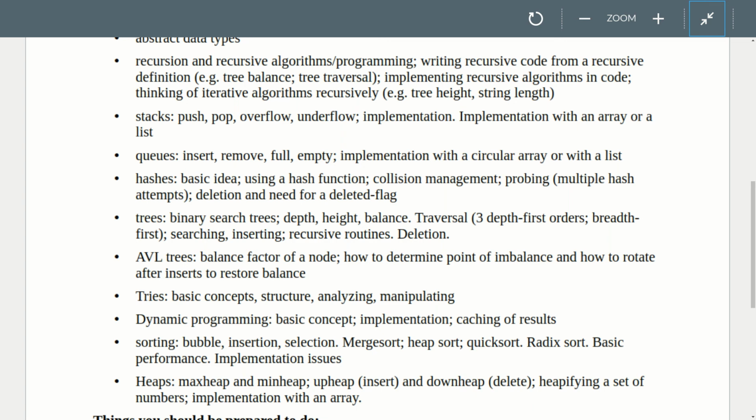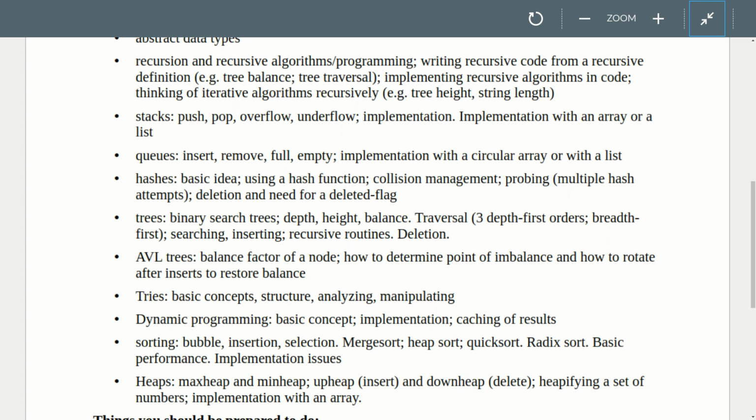To delete, you remove the root, take that last entry, put it at the root, and down heap. We talked about heapifying, taking a set of numbers and turning it into a heap efficiently, and we talked about implementing with an array by using that index arithmetic: 2 times a parent, and 2 times a parent plus 1 gives you a child, and so on. So that's what I want you to know about heaps.